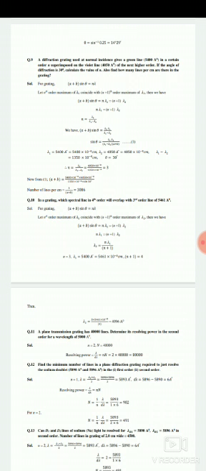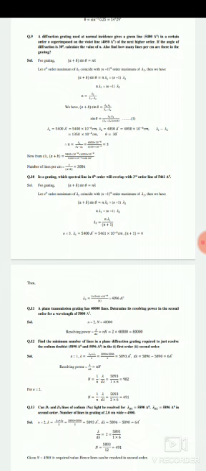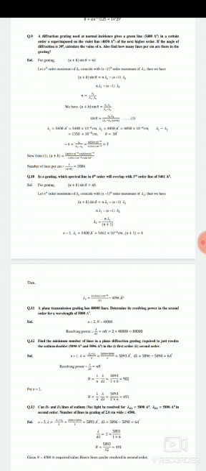the grating equation (a plus b) sin theta is equal to n lambda. Let the nth order maximum of lambda 1 coincide with the (n plus 1)th order maximum of lambda 2. Then we have (a plus b) sin theta is equal to n lambda 1, which is equal to (n plus 1) lambda 2 for the nth order. After solving, n lambda 1 is equal to (n plus 1) lambda 2, so n is equal to lambda 2 upon (lambda 1 minus lambda 2), as we have done in the previous question.